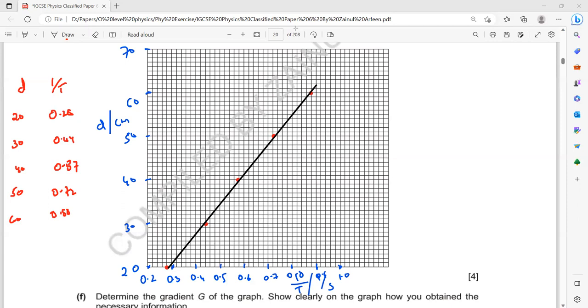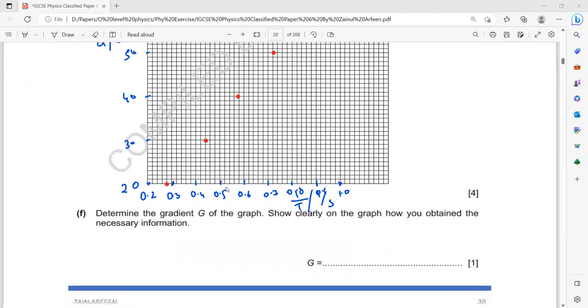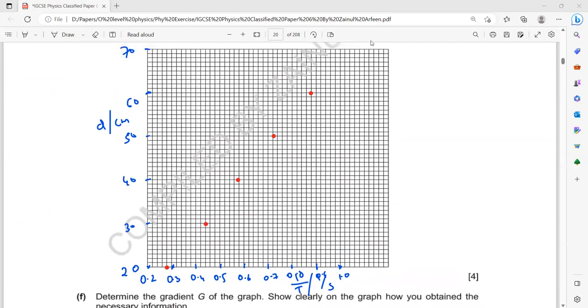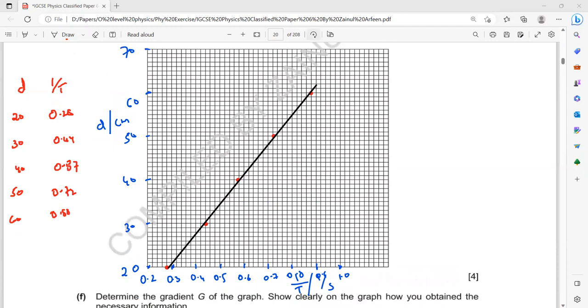Now after drawing the line of best fit, determine the gradient and show clearly on the graph how you obtain the necessary information. How to work out the gradient? You can take any 2 points of your graph. Example, I took this as the first point. The first point on the x-axis is known as x1.